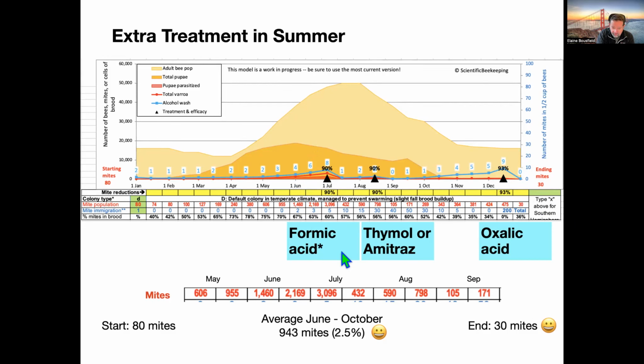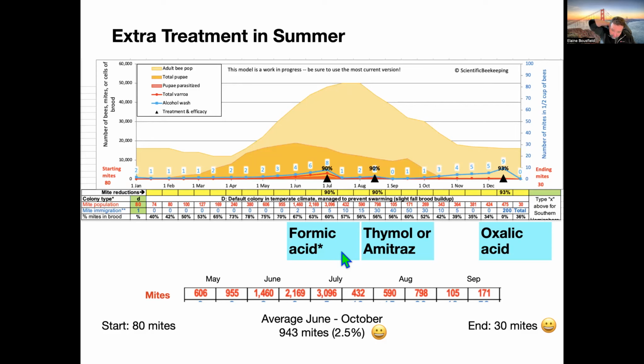You can't get hold of Max anymore, and Formic Pro is basically the exact same product with a different name. However, it turns out, and I didn't know this when I did it last, that you're not really meant to use formic acid with supers on, bizarrely, because the other product that was identical, you could do that.